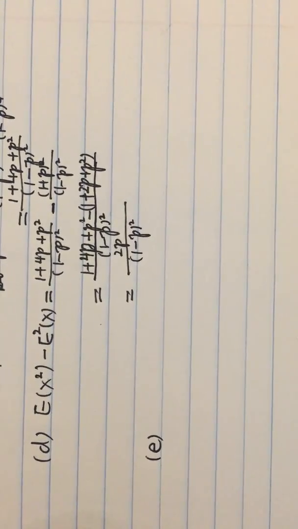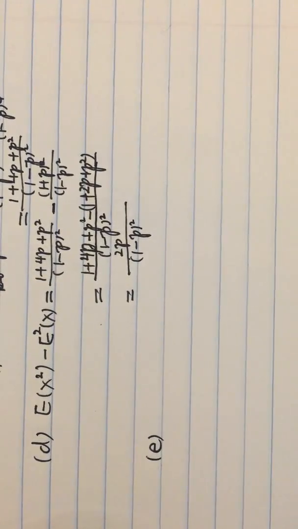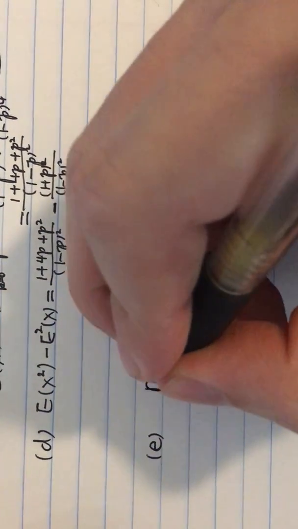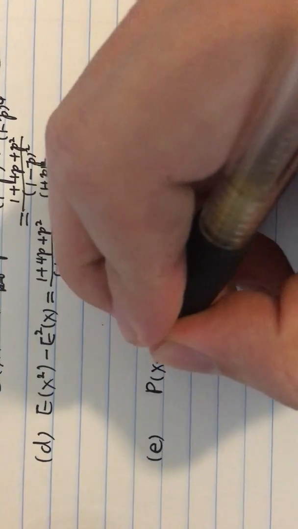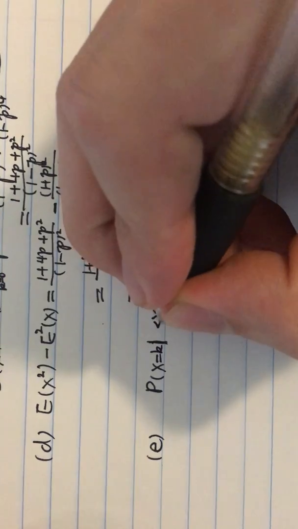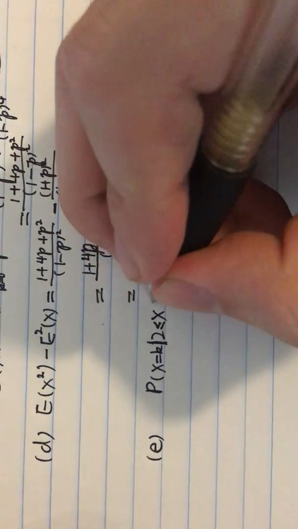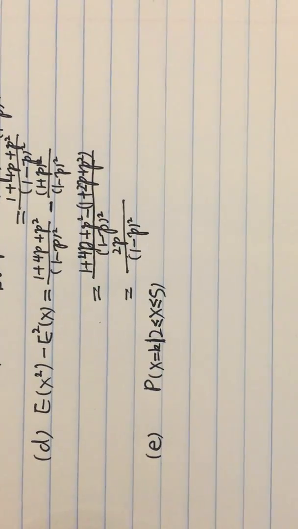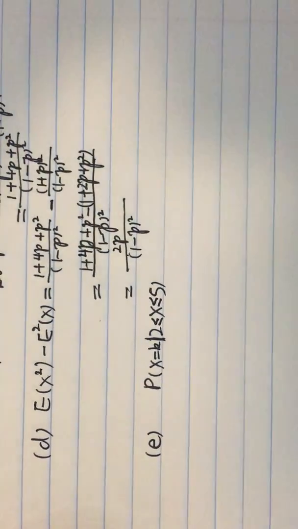Find the conditional probability mass function, which is P(X equals k) given x larger than 2 and smaller than 5. We need to figure out P(X equals k) when x is larger than 2 and smaller than 5. This is our purpose.